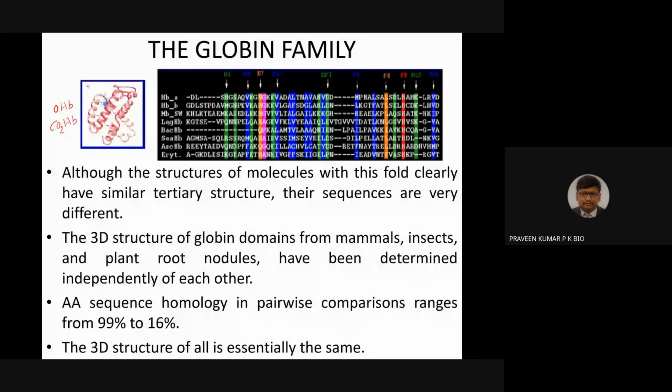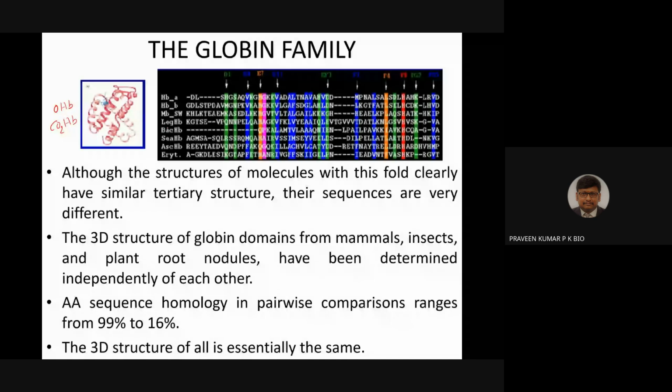But see here, the next protein they mention is leguminous hemoglobin. Where can you find this protein? Obviously, from the name, leguminous is from leguminous plants like chickpea. And sea urchin hemoglobin. So in each and every species we have a type of globin protein.